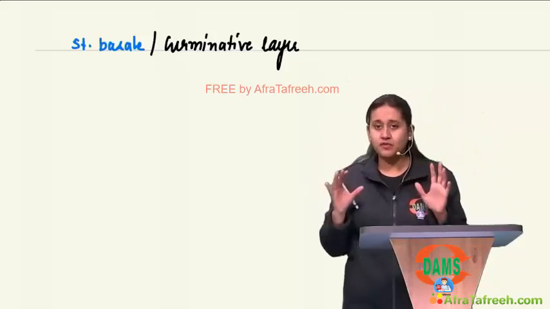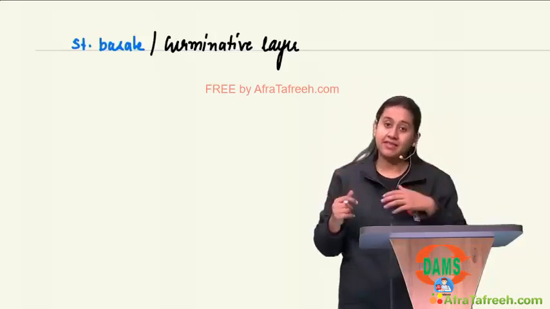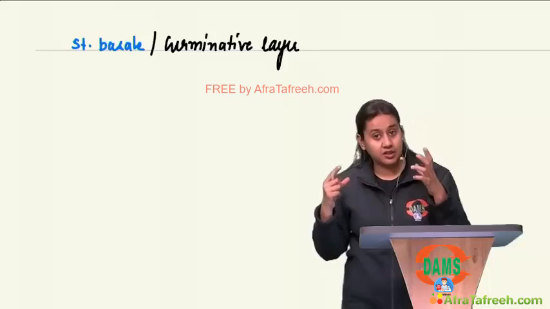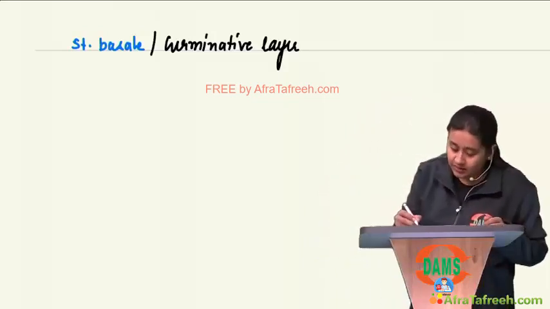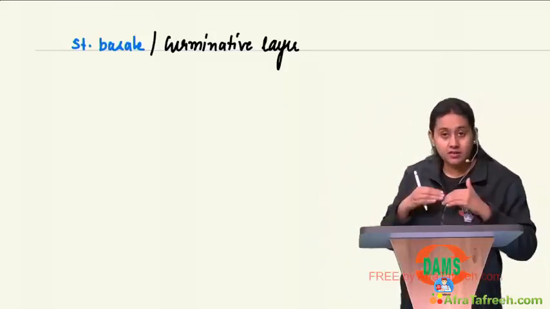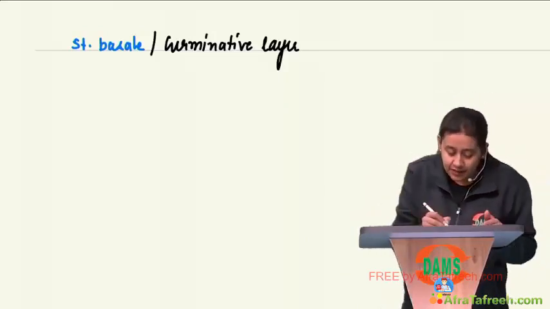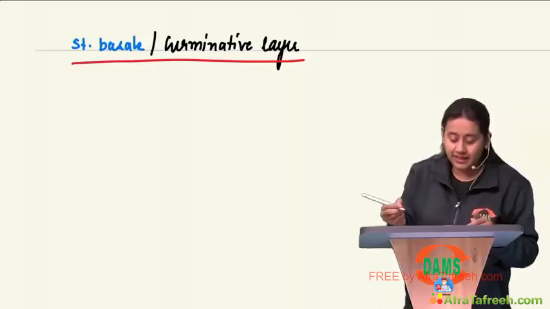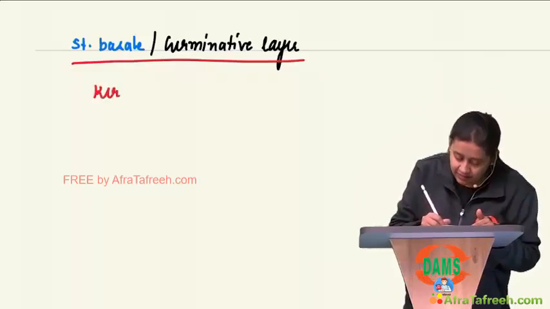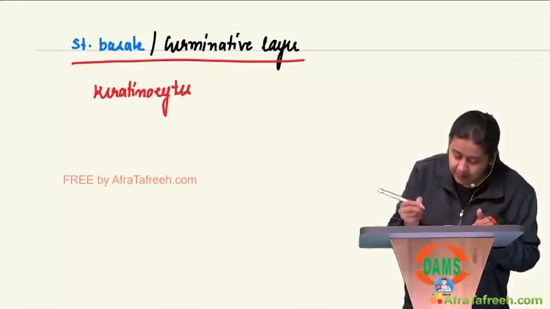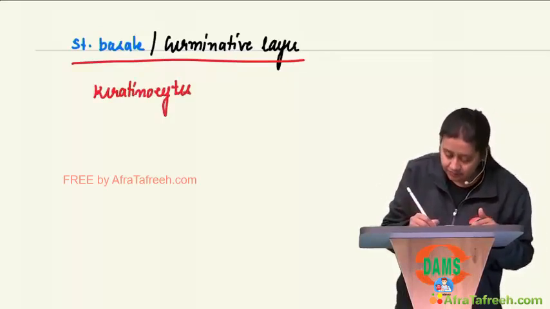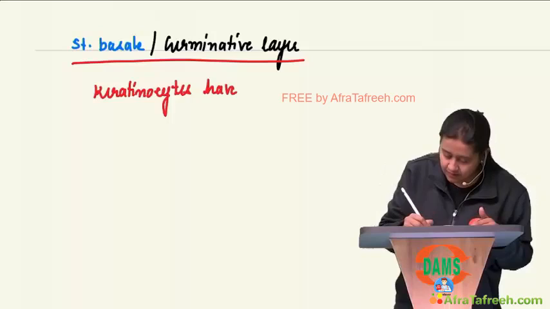So first of all, let us discuss the different layers, and then we will discuss what this epidermal turnover is. Starting with the first layer, the lowermost, stratum basale, which is known as the germinative layer. Please remember that here the keratinocytes have the property to divide.